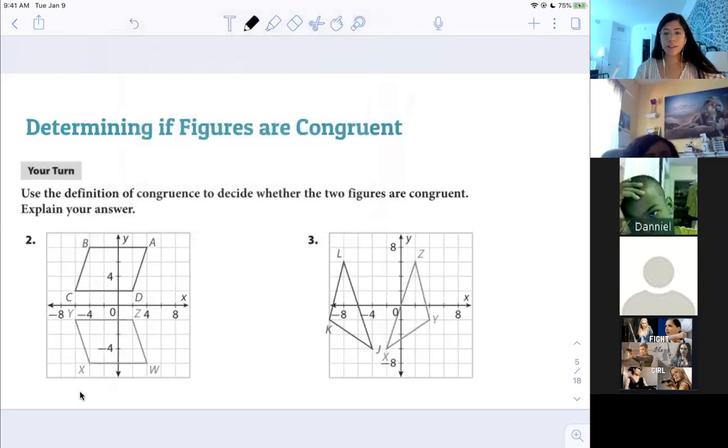Write this on your sheet of paper. Don't copy the graphs, just write your answers down. Decide whether the two figures are congruent, so say yes or no. Then give me what type of transformation.